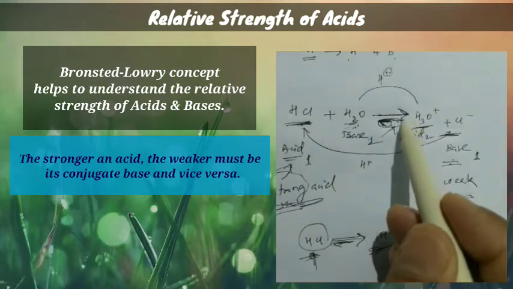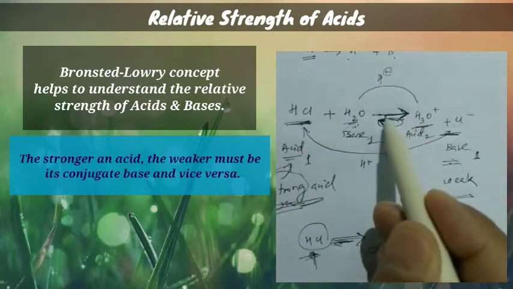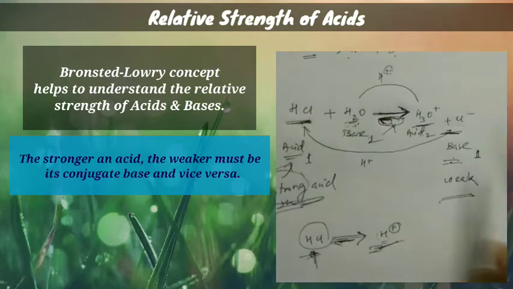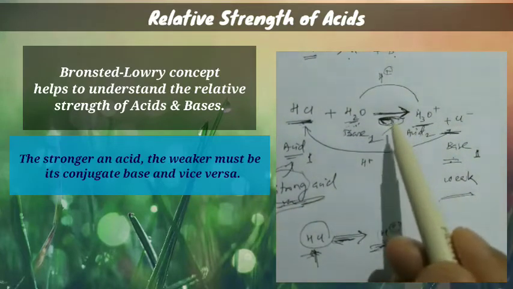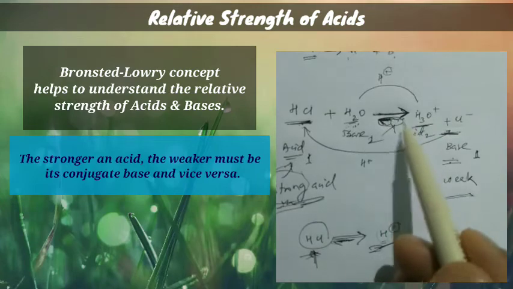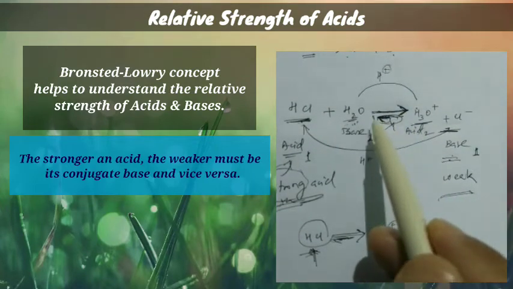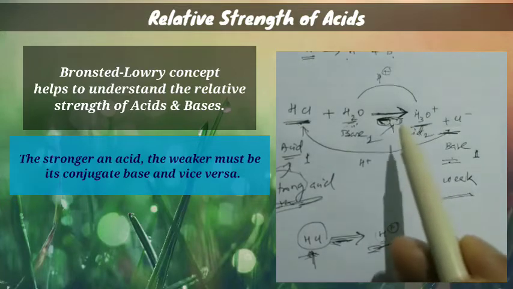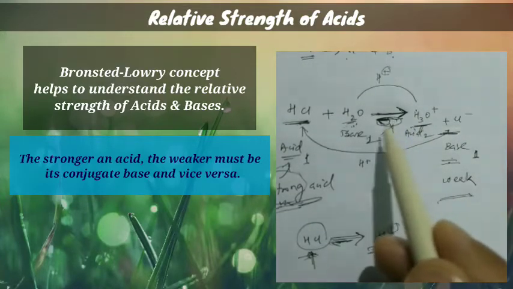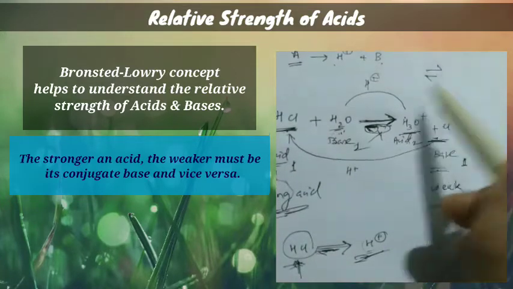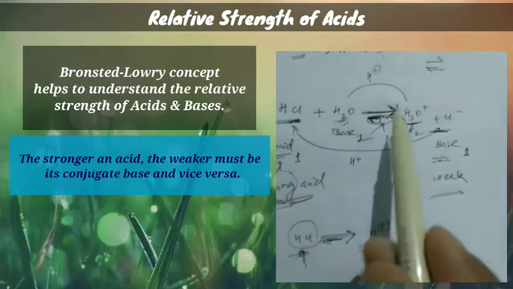So that's why we can write only a one-directional arrow, one-headed arrow, instead of the double-headed arrow, that means the reversible arrow, clear.